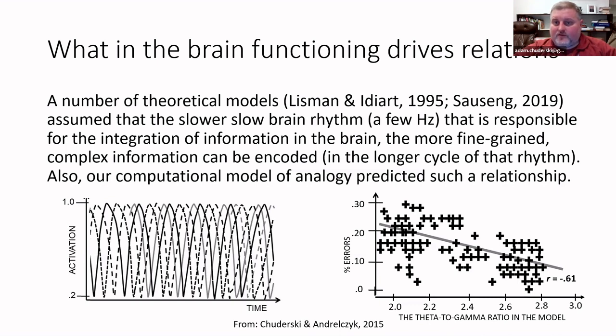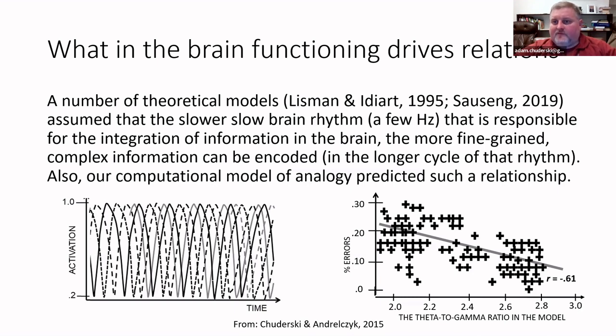So slow brain rhythms of a few hertz, typically the theta rhythm, are responsible for integrating information when a working memory task is processed. And the assumption is that the slower this brain rhythm, the more fine-grained a representation of information in working memory can be constructed. Because simply you have more time.